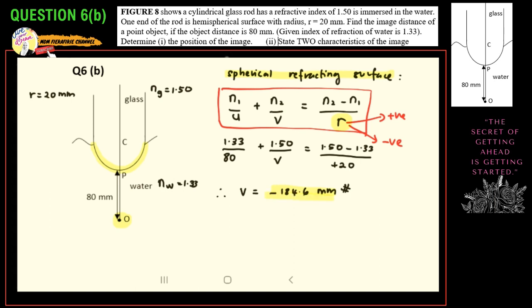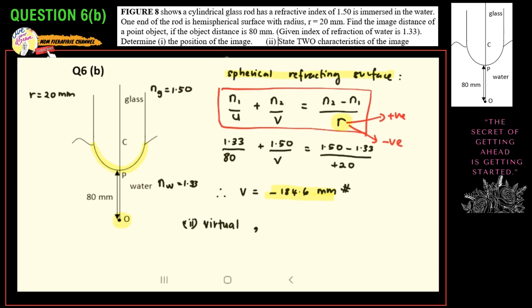And 6B2, state two characteristics of the image. Now let's write the two characteristics of the image. Okay, so look at here. Since V is equal to negative 184.6, negative value means that the image is virtual. So I will write virtual.